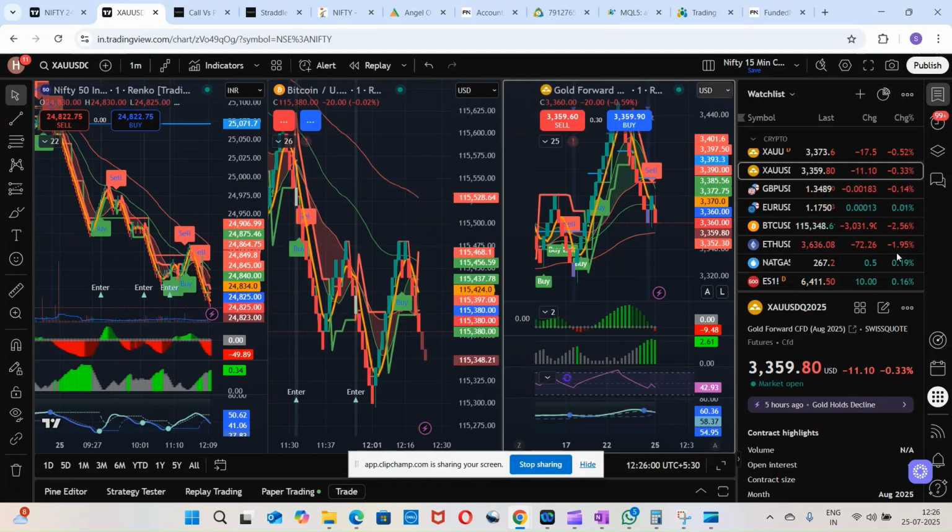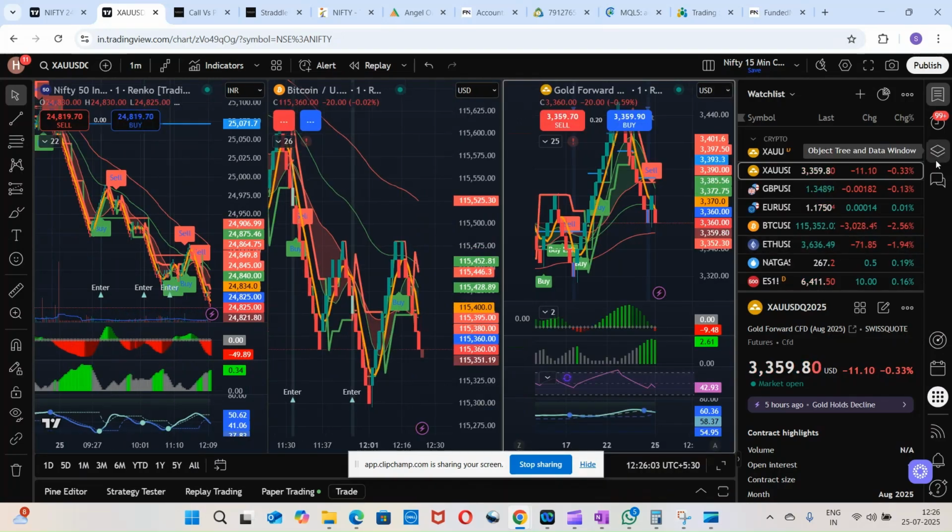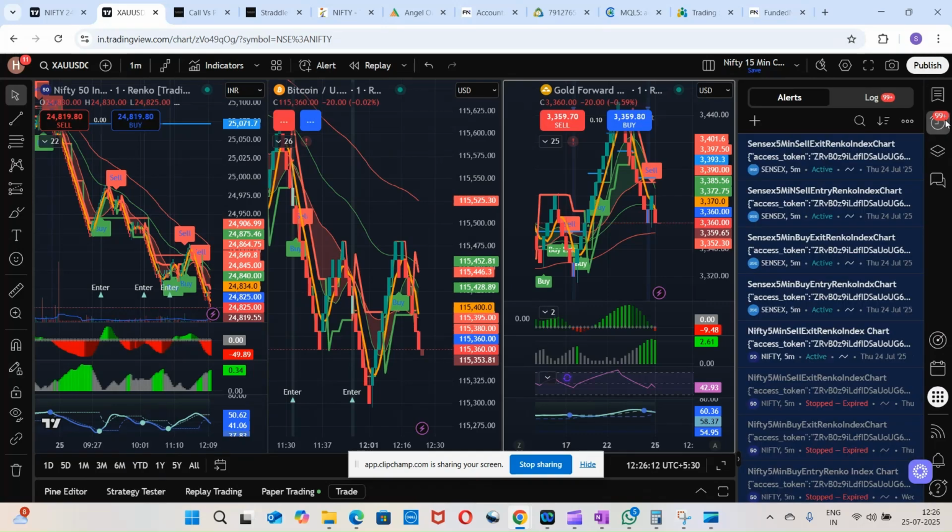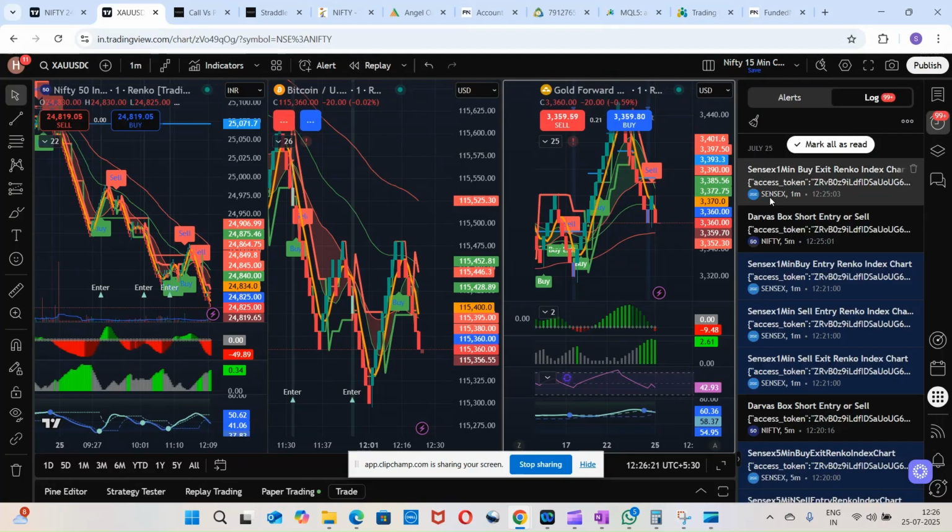However, we can keep in TradingView algos. We can put strategies, algos, and put alerts. So if you see, so many alerts I would have had. So these are all the alerts. Like this, you can put an alert and assign a strategy to that particular alert, and then automatically the trading will get executed.